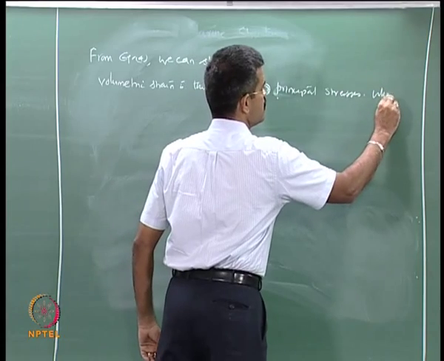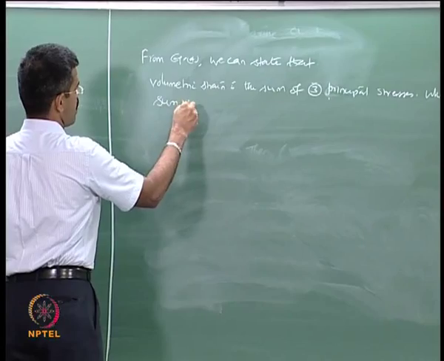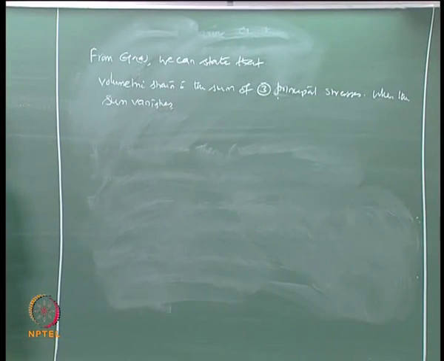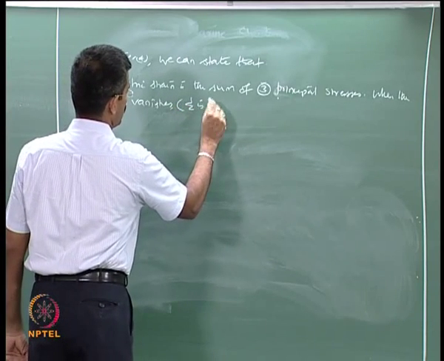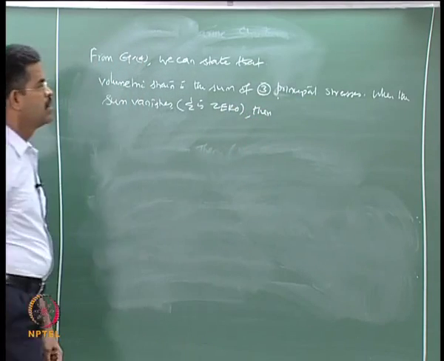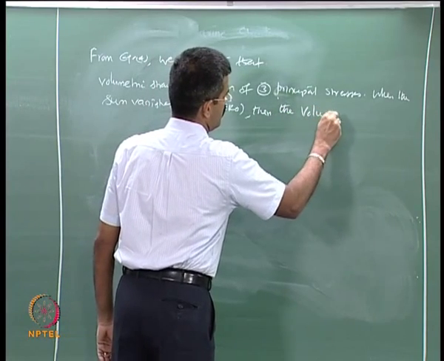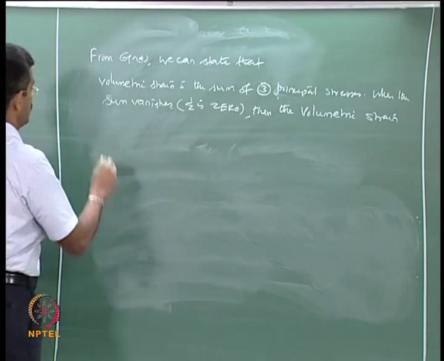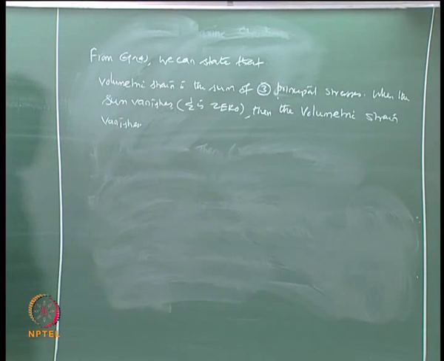When the sum vanishes, or when the summation is 0, then the volumetric strain vanishes from this equation.